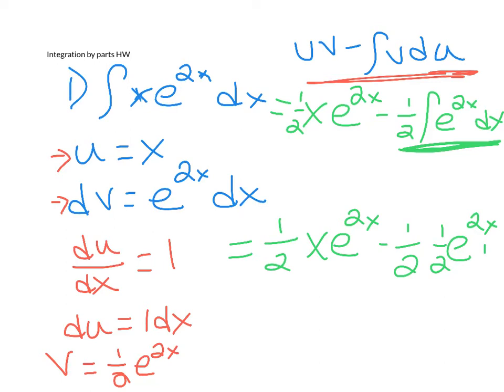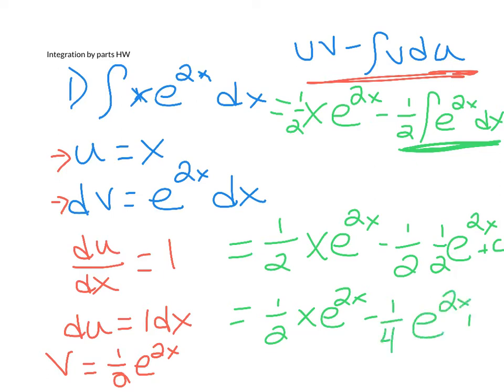And of course, you're going to have a plus c tacked on at the end. When you clean this up, you might rewrite it as 1/2 x e to the 2x minus 1/4 e to the 2x plus c as your final answer for number 1.